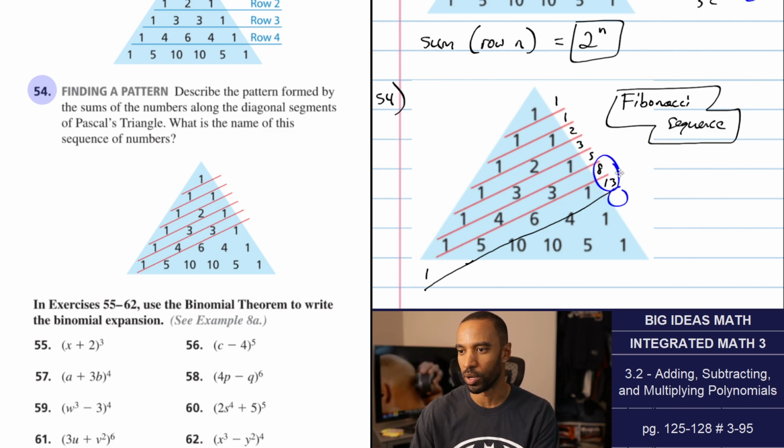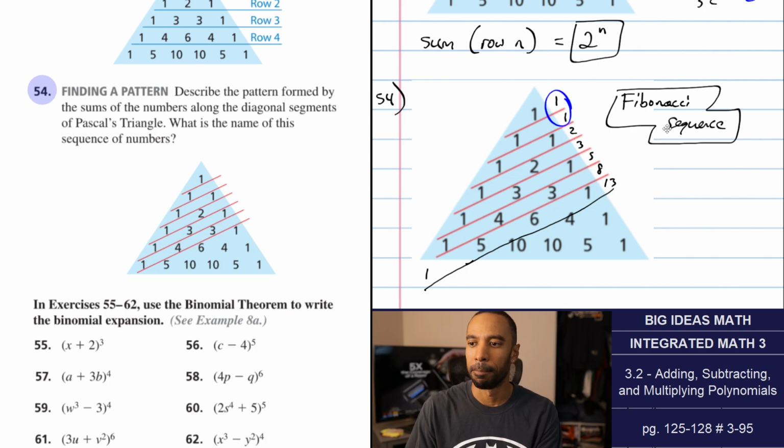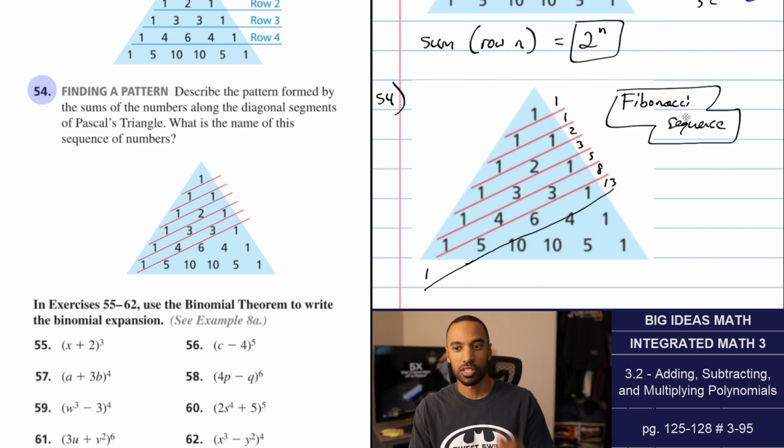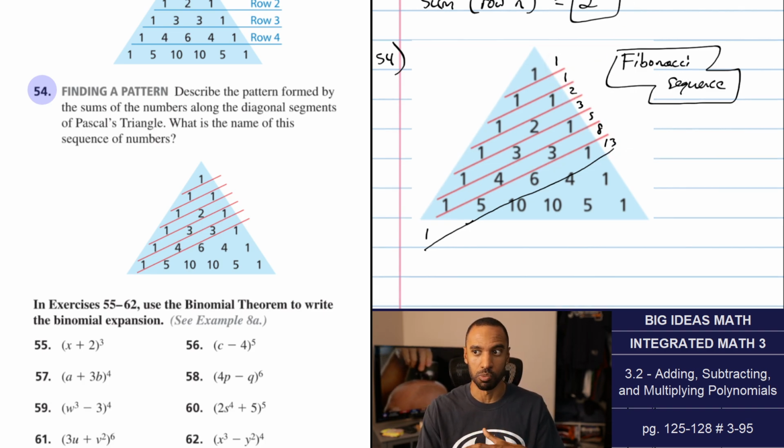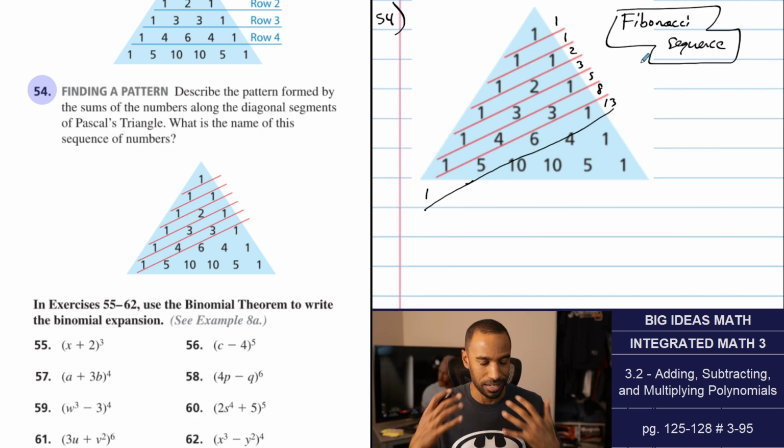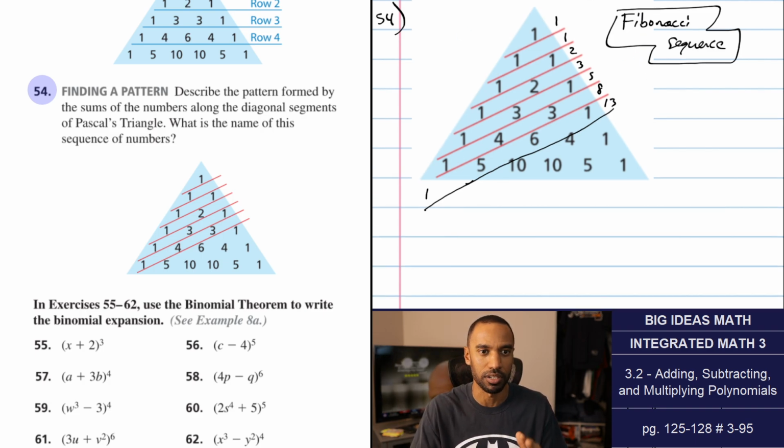The next number would be 21 after that. Just like Pascal's triangle, the Fibonacci sequence is more than just that sequence of numbers. It's found in nature and has uses math-wise. It's not just like, hey guys, I made a sequence.